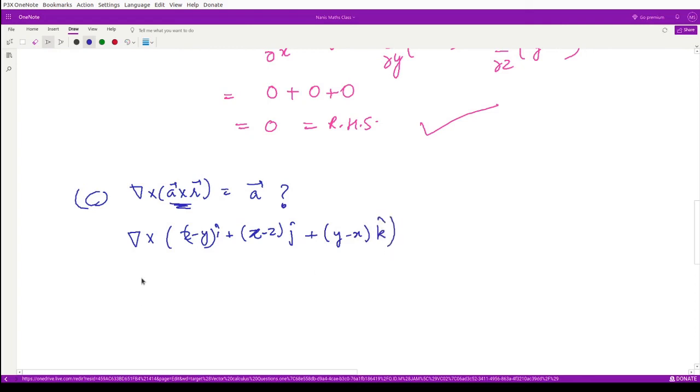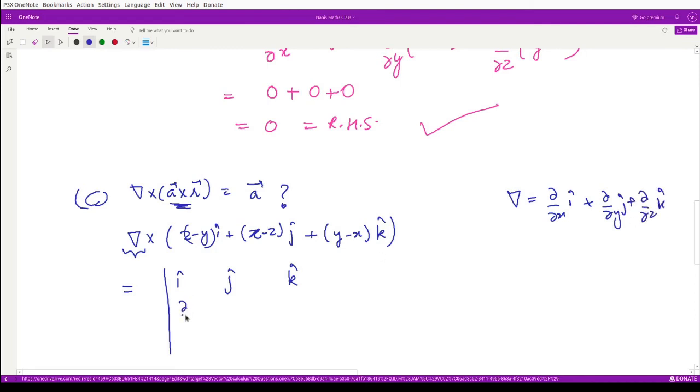So we have to perform this cross product, so it would be solving the determinant of this. What is the del operator? This is del by del x i cap plus del by del y j cap plus del by del z k cap.